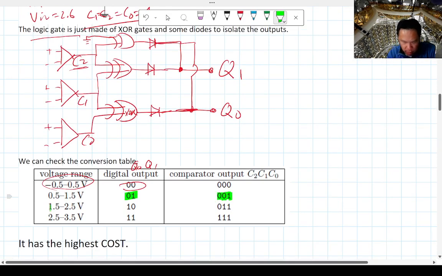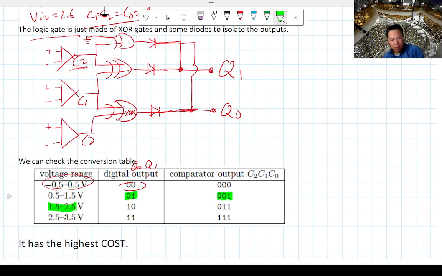But with the voltage between 1.5 and 2.5, that means it passes the second comparator. Since this is an exclusive OR, if both of these are high, both C1 and C0 are high, this actually goes low, so you get 0 at Q0.